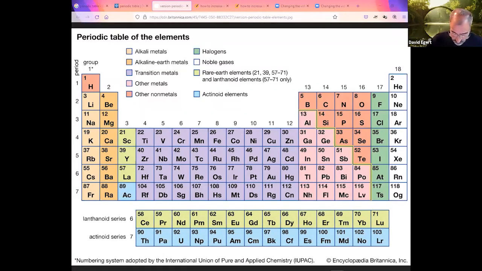But we do care what valence electrons are. You should know the things in the first column of the periodic table. If you look at a periodic table of the elements, this should not look scary. This should look like, oh yeah, I know this thing.